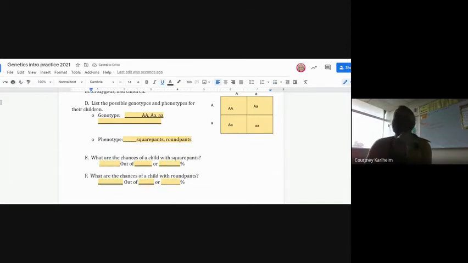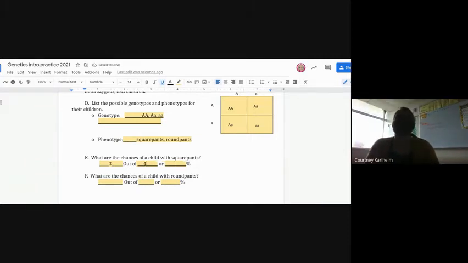And then we have to do some probability. So what are the chances of an offspring, one of their children, having square pants? So a capital A. How many boxes out of 4 have a capital A in them? Yeah, so 3 out of 4 boxes would have the dominant trait. And what percentage is that?